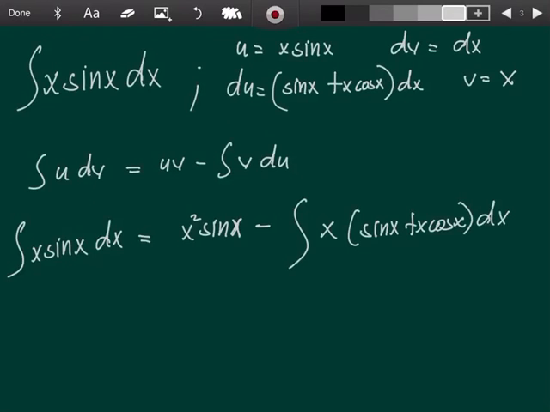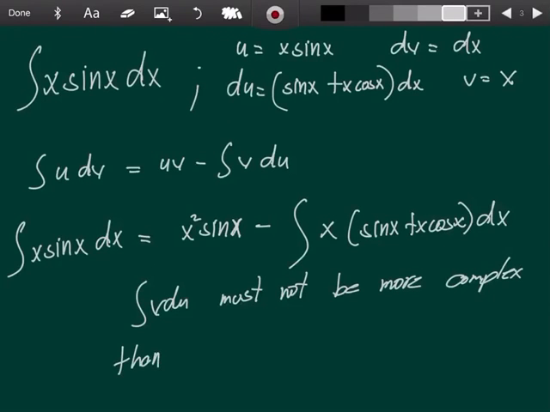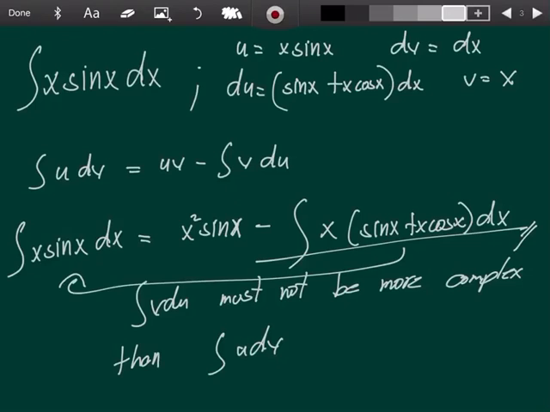Ano yung second rule? Second rule is that the integral of v du must not be more complex than the integral of u dv. Is this one more complex than this one? Answer is yes.